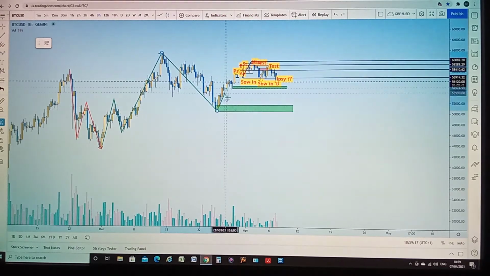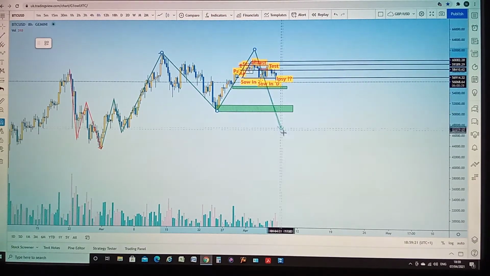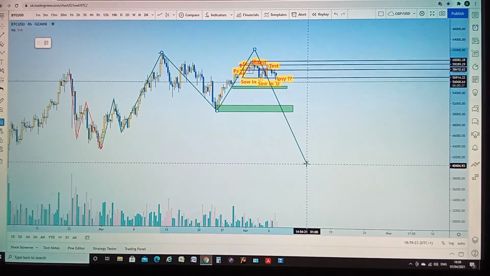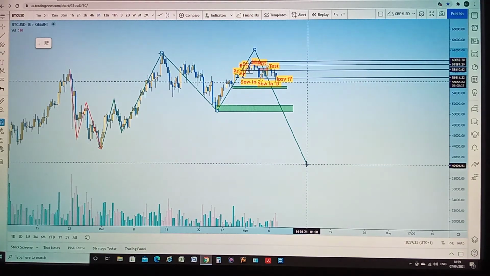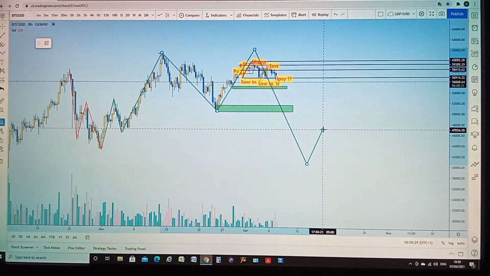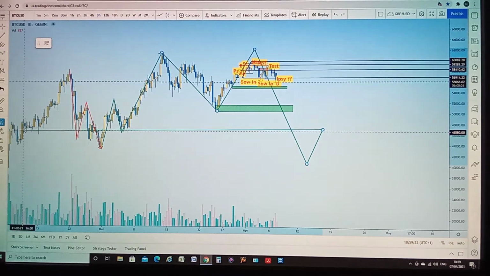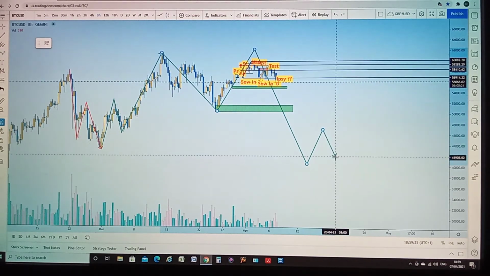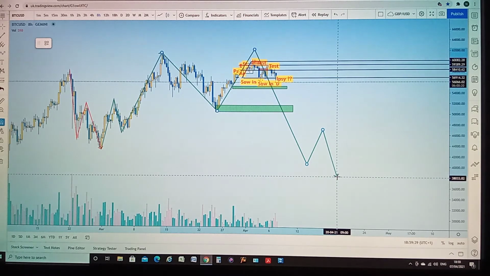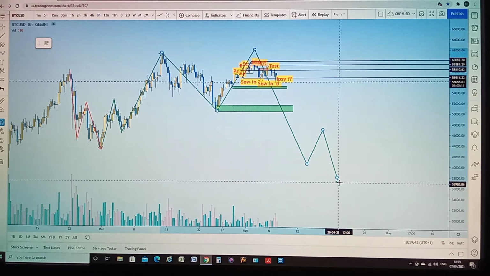We have 1, 2, I believe 3 will come in the form down here towards the $40,000 mark. We will then have a pullback into this area here, okay, and then we shall drop further, which is possibly down to the $38,000 mark.